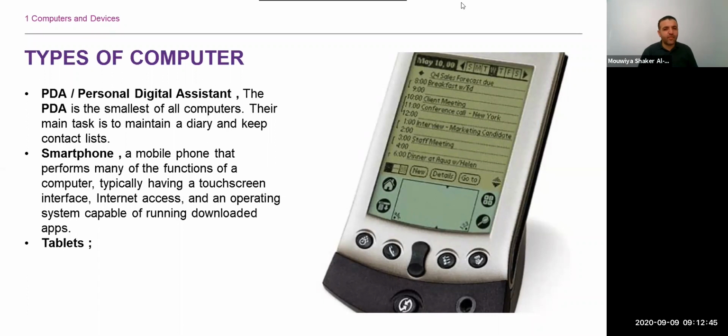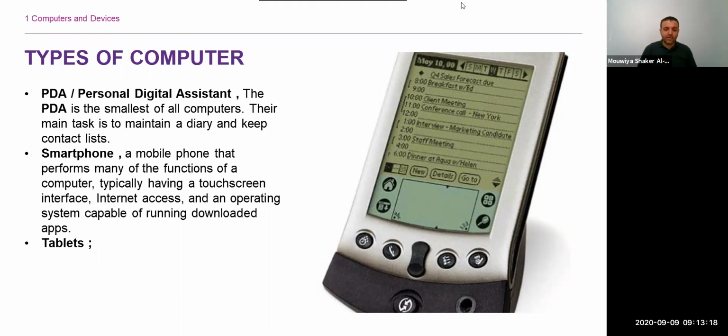The other type of computer, which you can see in the picture, is called a PDA, a personal digital assistant. This device was introduced in the mid-90s, before smartphones. Not everybody, but very high executives who had too many tasks and too many emails, needed some organization at that time.